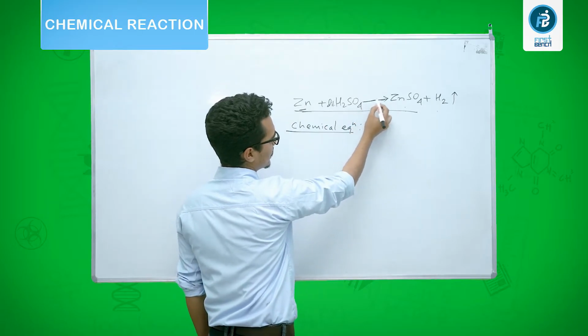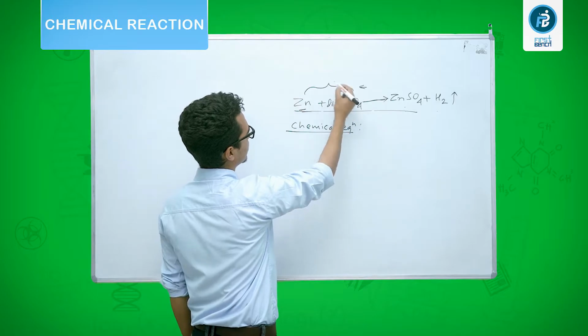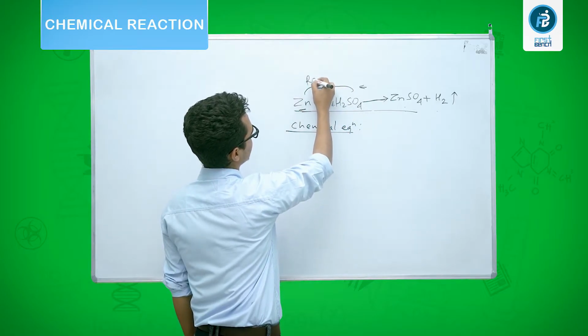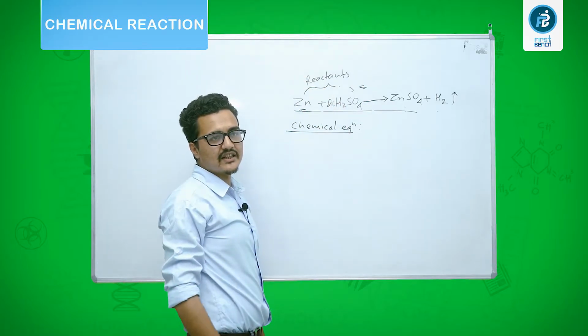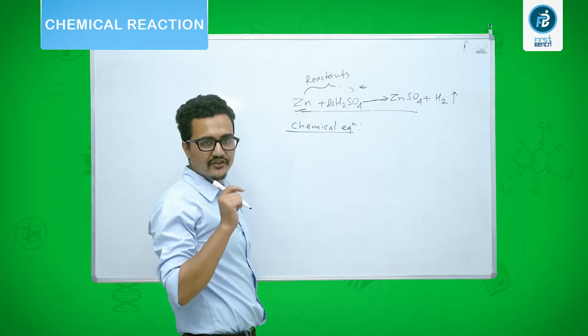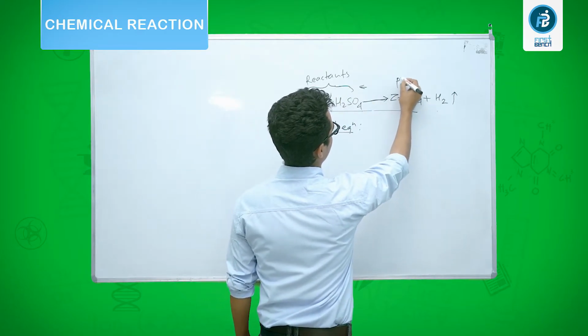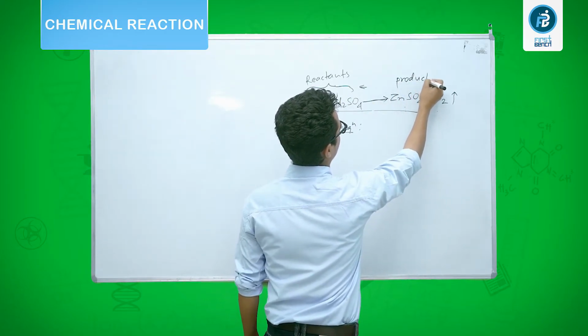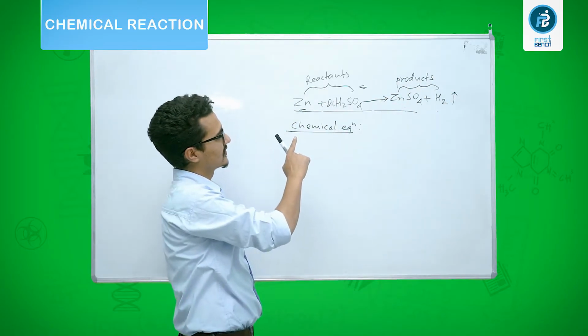The left side of this arrow denotes reactants. The left side of this chemical equation represents reactants, and the right side represents products. I hope you are clear from this.